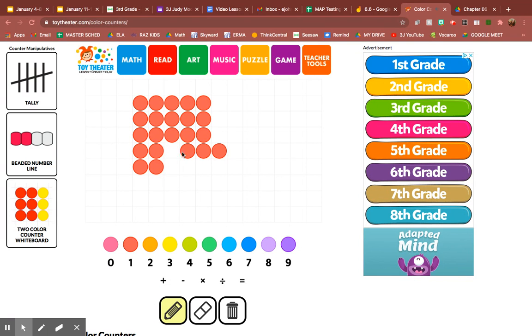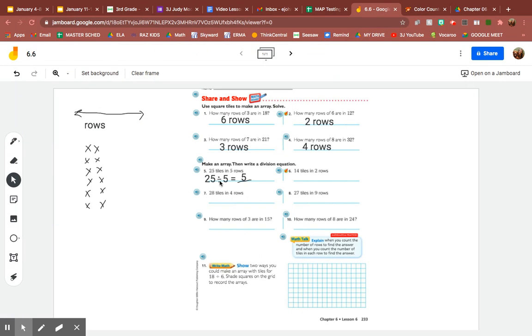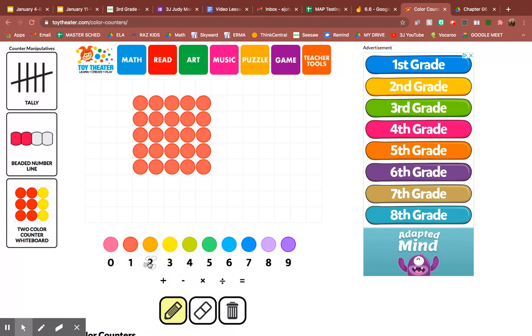All right, there's 5 rows of 5. That equals 25. So 1 row, 2, 3, 4, 5 equals 25. So this is the array that goes with the problem of 25 divided by 5 equals 5.